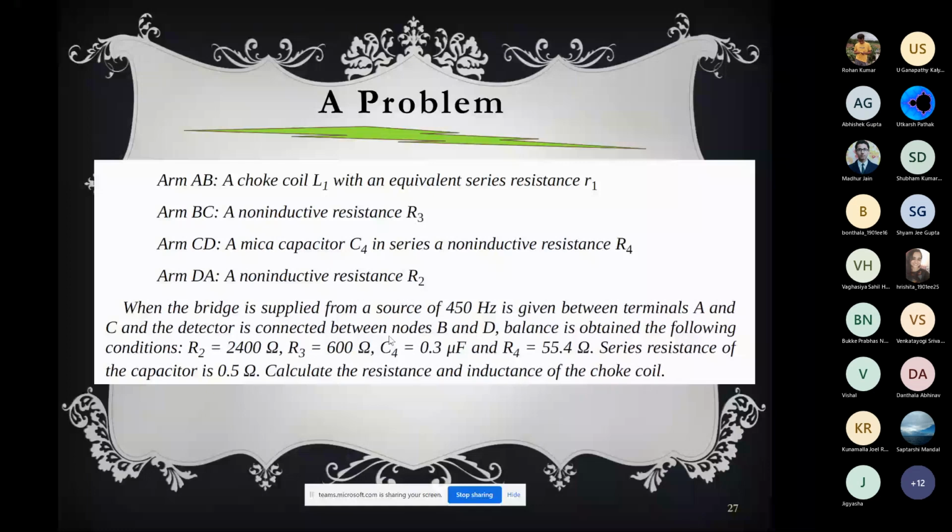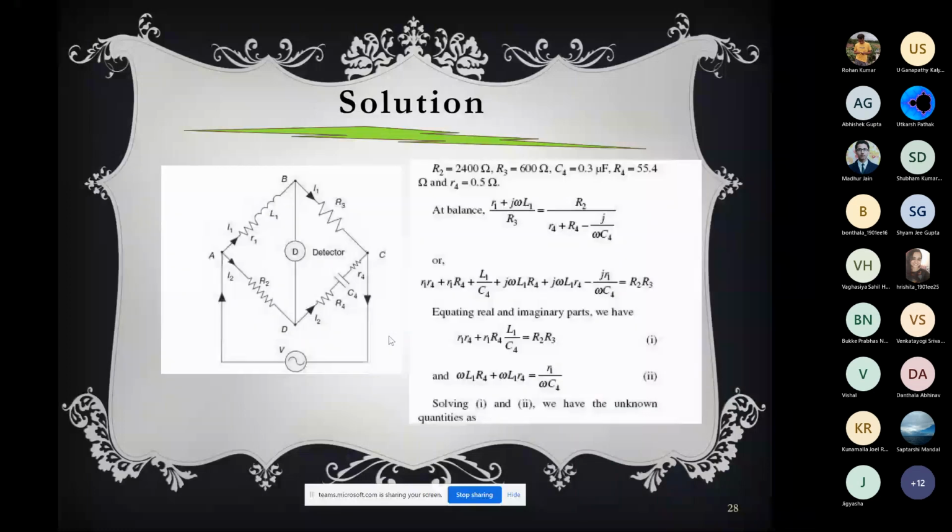So our AB is L1 and small r1 associated with it, and these are the four arms. One arm will be L1 associated with small r1, and arm BC will be R3, and then arm AD will be R2.